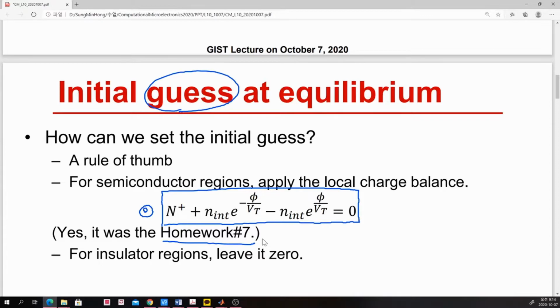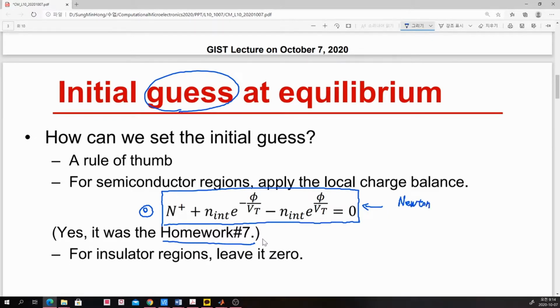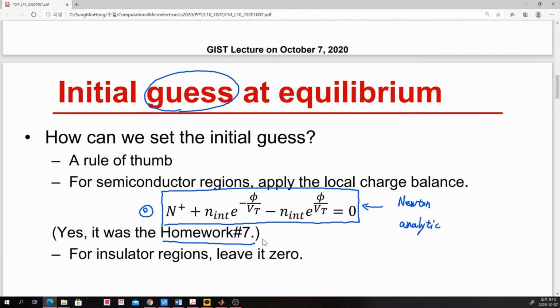First, for every point inside your semiconductor region, please solve this equation, either by the Newton-Raphson method, or you can also follow your analytic solution. No matter how you solve it, it doesn't matter. So you can anyway get the correct solution under the assumption of local charge balance.